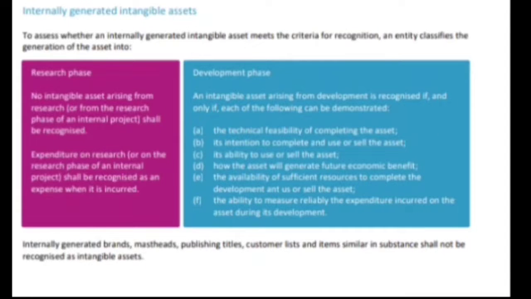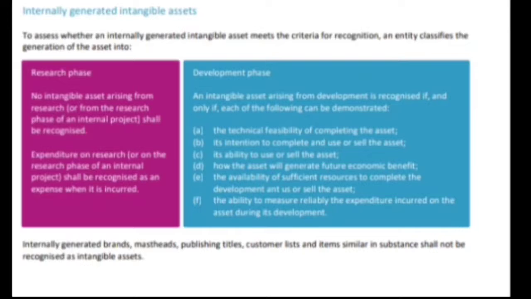Now, internally generated intangible assets. There are two phases to complete an intangible asset. One is the research phase and the other is the development phase. You have to know that research phase expenditure shall not be charged to the cost of the asset, but development phase expenditures will be accounted for as a cost of the asset, if the asset fulfills the following conditions.